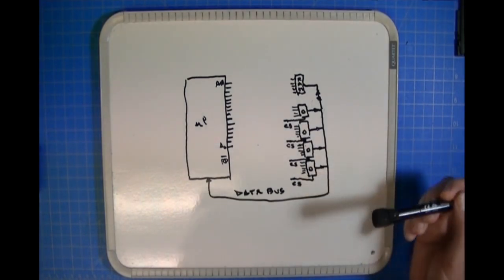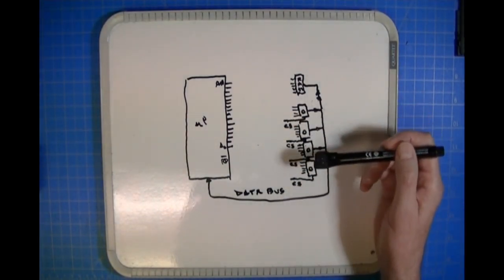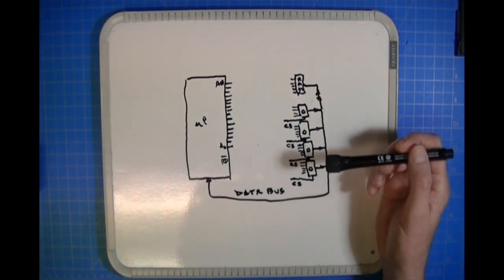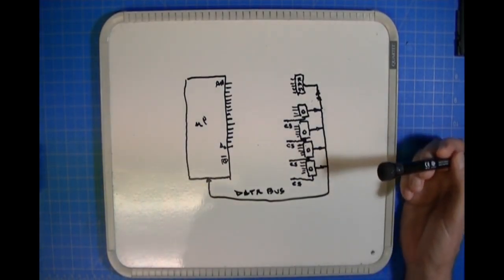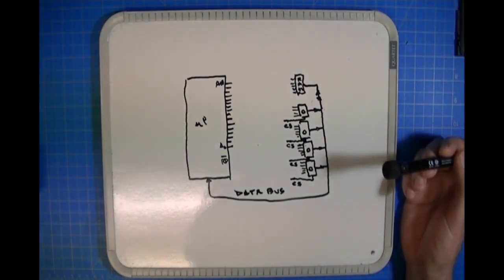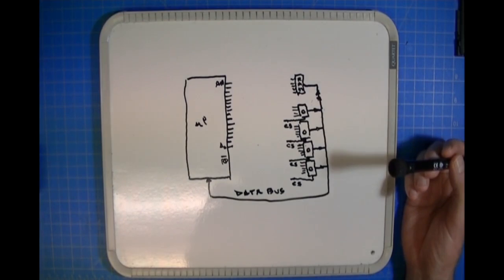Okay, so what does this have to do with bipolar PROMs? Well, let's just talk about what the pins are on the EPROM. The pins on an EPROM include what are called address lines, and the address lines select the individual byte that is stored in the EPROM.